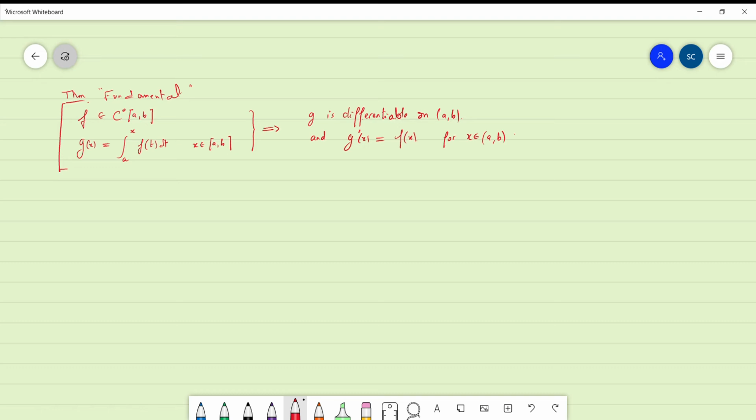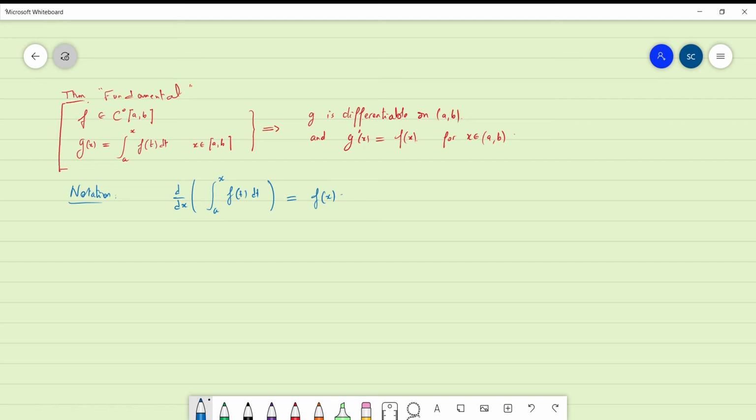As a remark on notation, g prime means we can write d/dx of the integral from a to x of f(t) dt equals f at x. So f takes the value at the point x.